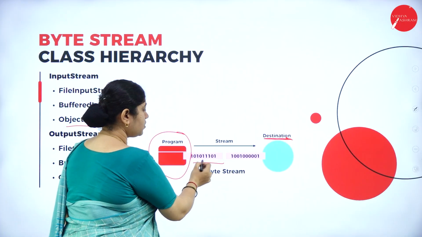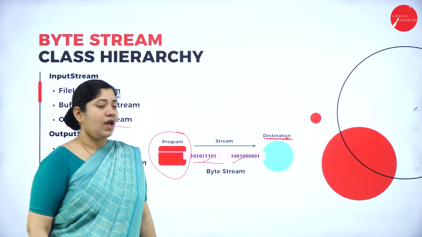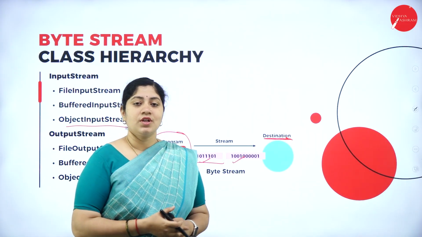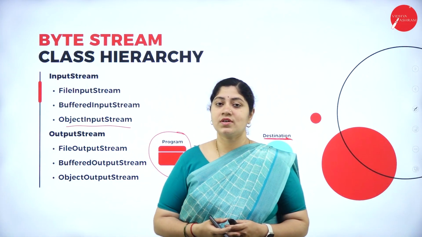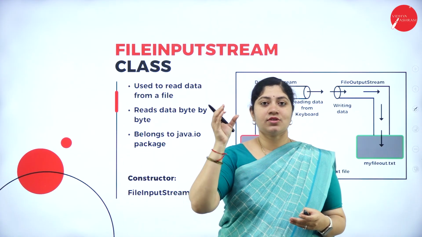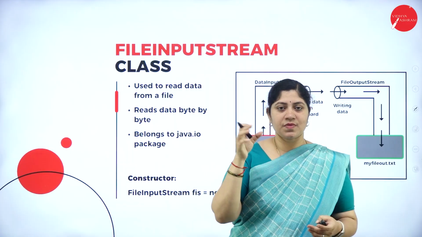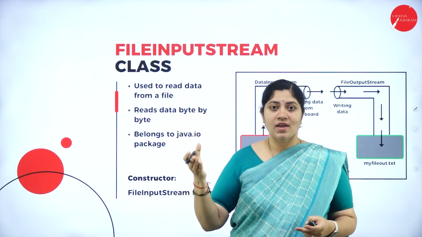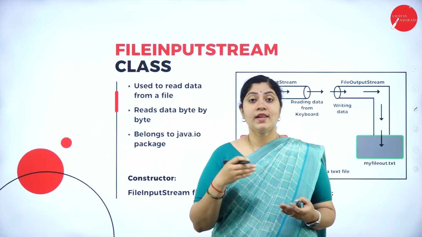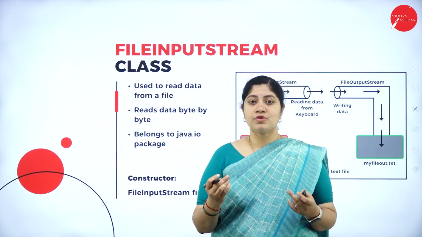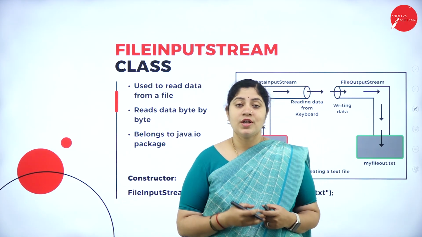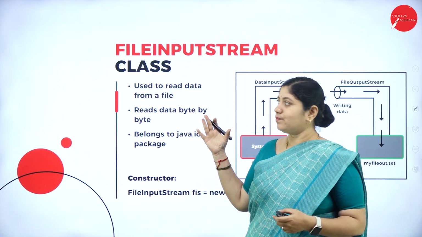So this is a sequence of data, first sequence, second sequence, and this data will reach the destination. So this is all about the hierarchy of byte stream classes. We understood bit by bit what a stream is, what the stream classes are, the types, then the hierarchy. Now let's start understanding FileInputStream as well as FileOutputStream through an example and along with the representation too. So let's start with the FileInputStream class.